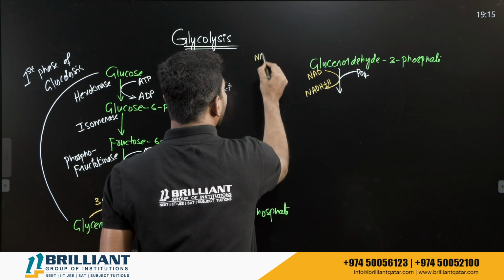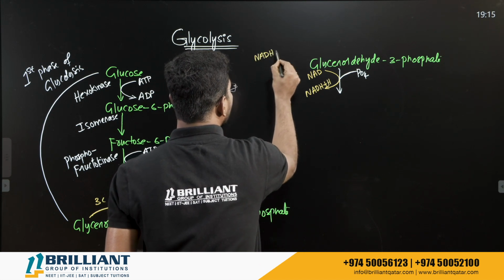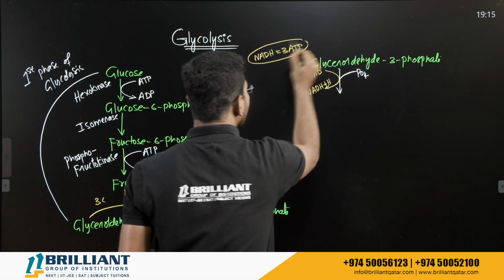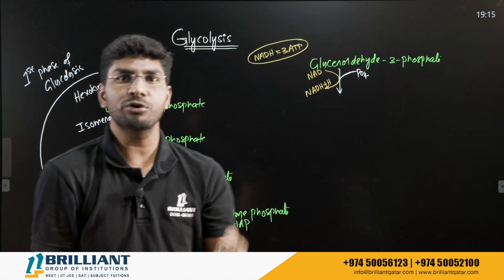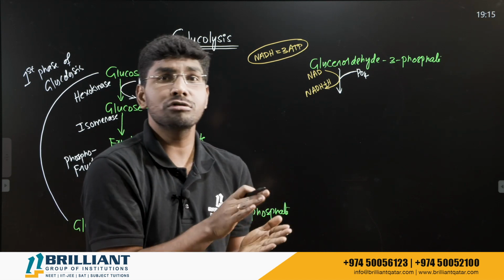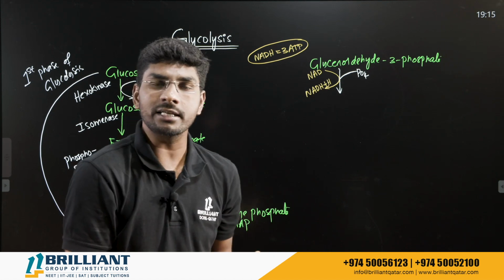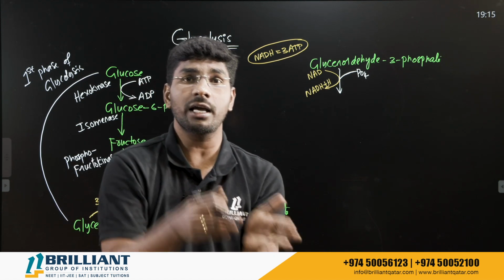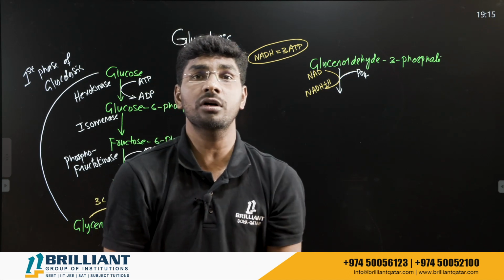1 NADH equals 3 ATP. This 1 NADH in the electron transport chain will give 3 ATP. Remember, this is a cheque. This is not direct currency. ATP is direct currency. NADH is a cheque, and we will encash this cheque into ATP in the electron transport chain.